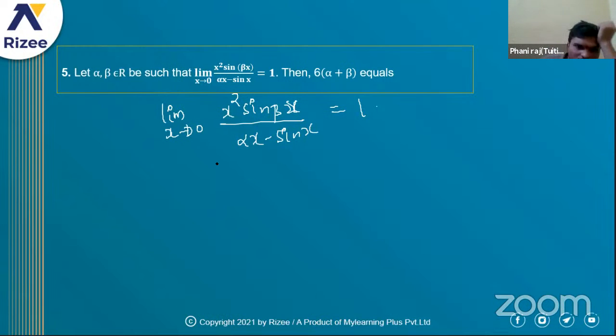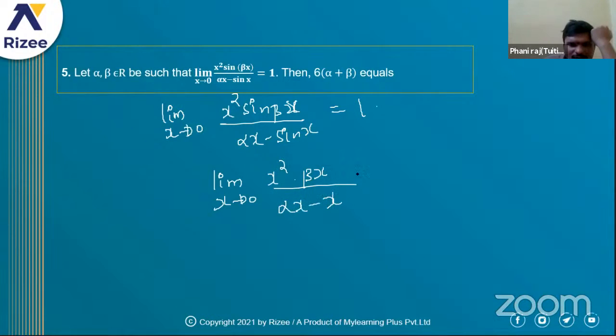Now we see we can simplify this. This is the same as saying limit x tends to 0, x². Whenever you see a sine term, I replace it with the argument of the sine, because you can divide and multiply the same thing always, by (αx − x) equal to 1. So what do you get? Limit x tends to 0 of βx³ by x(α − 1) equal to 1.